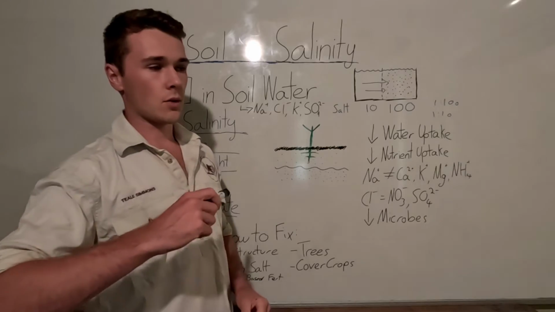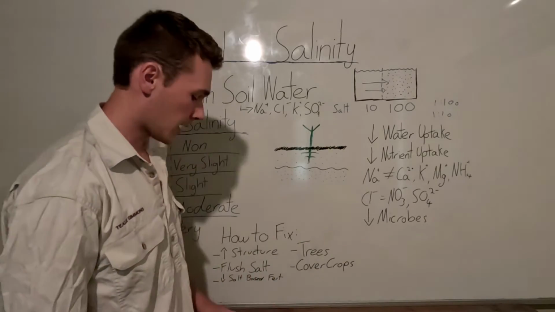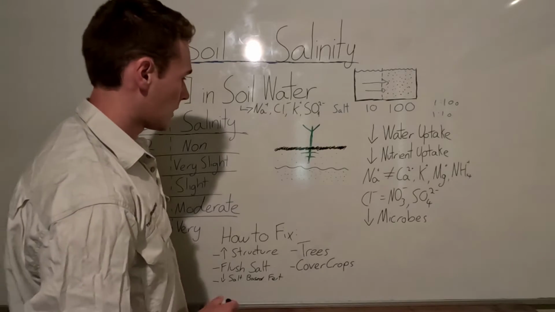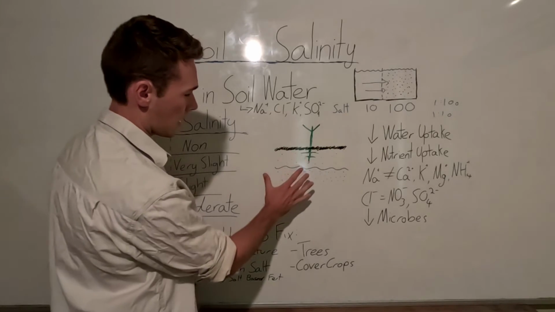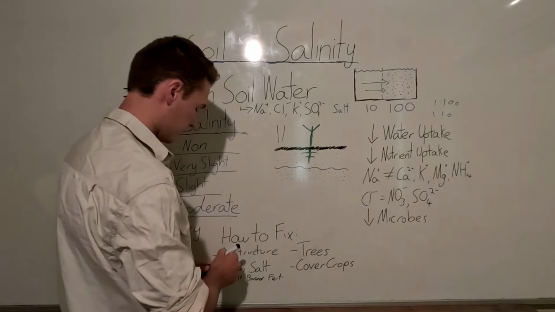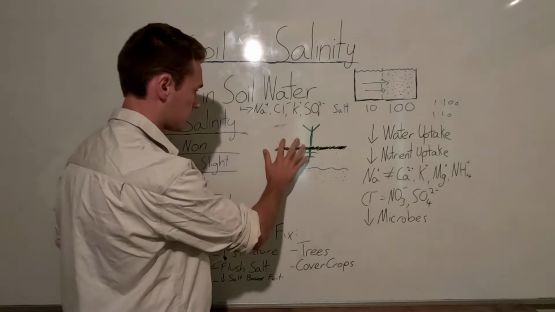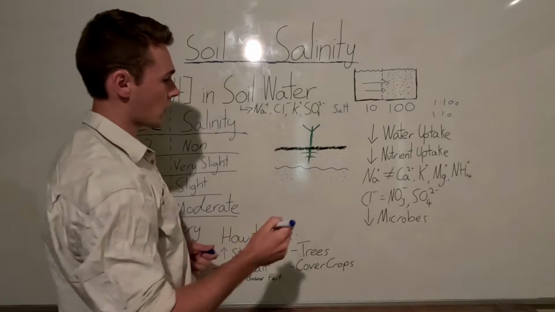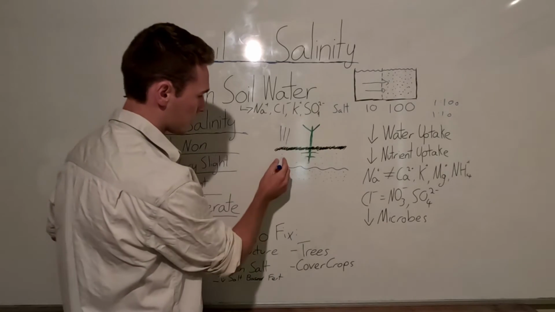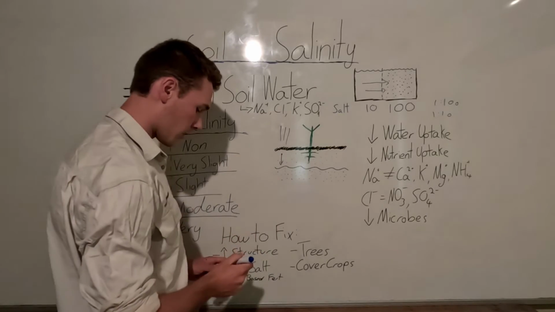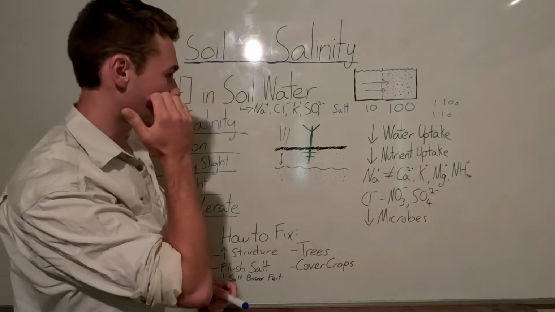Now, the way salt naturally leaves our soil is through drainage and leaching of those salts. So say this is our soil, we have salt all through that. When we have rain coming down, that will dissolve these bits of salt, and they will go into our groundwater.